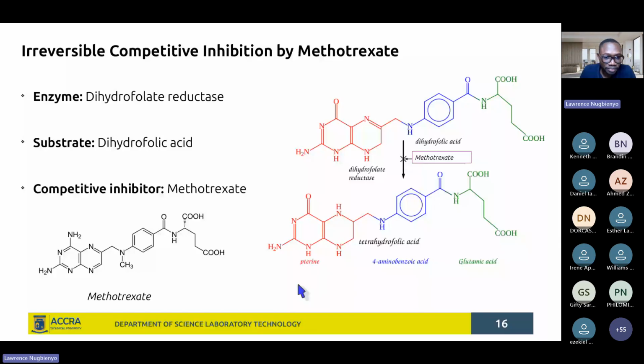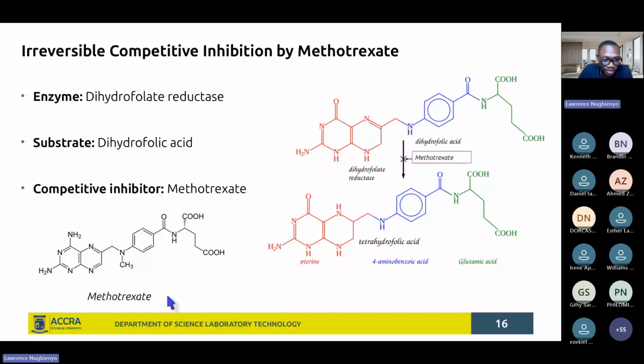And you see methotrexate, if you look at the structure, this is looking much more similar. So you see the specificity of drugs: the more the drug is looking like the substrate, the more specific the drug is going to be.